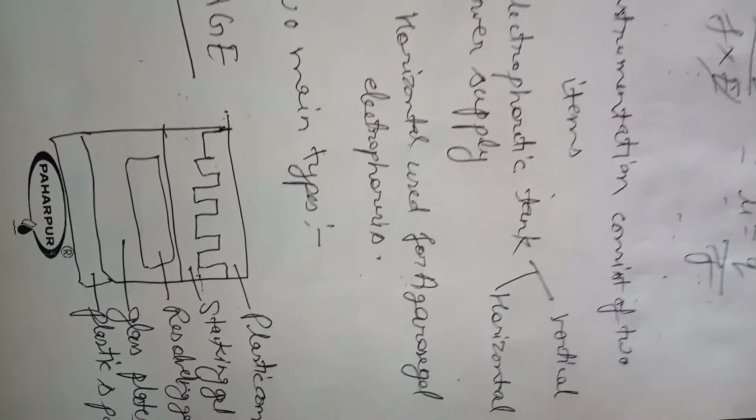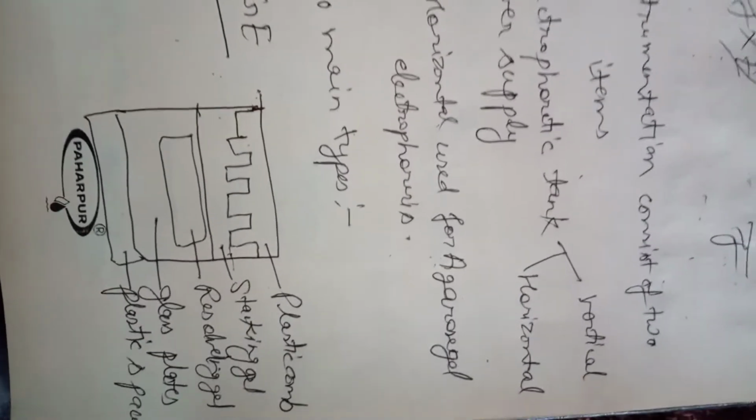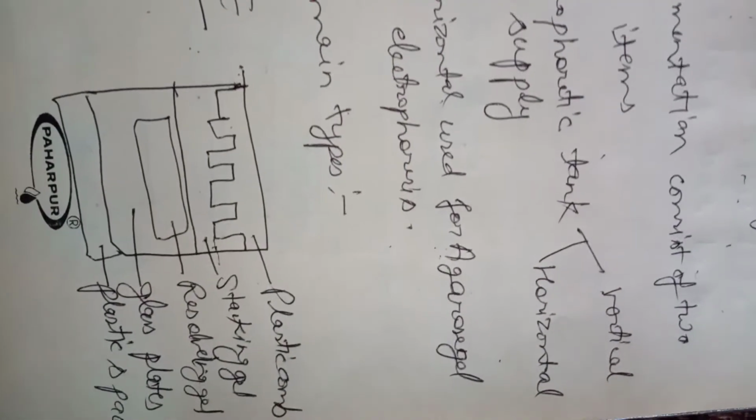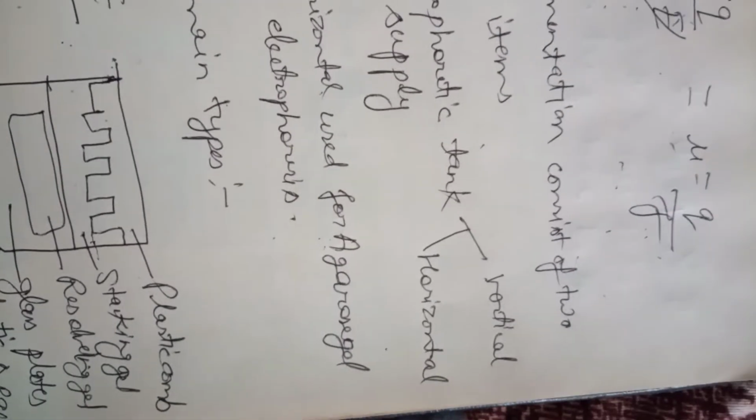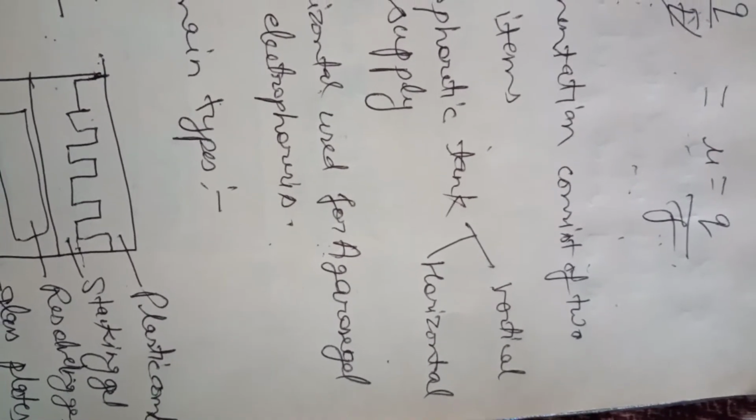The two main types are PAGE, that is polyacrylamide gel electrophoresis, and the SDS PAGE is performed in a vertical gel electrophoresis system.